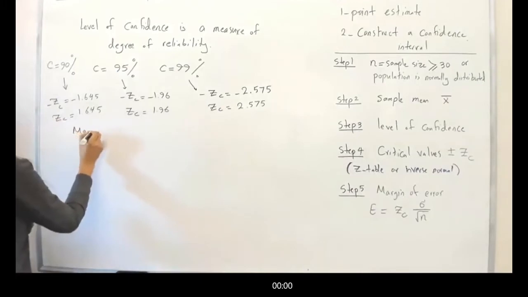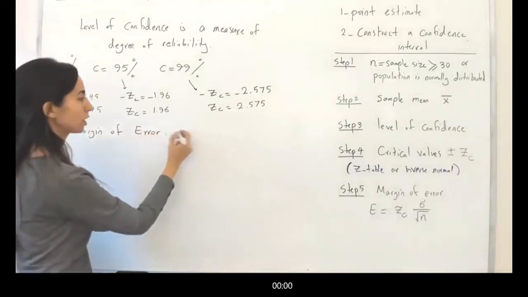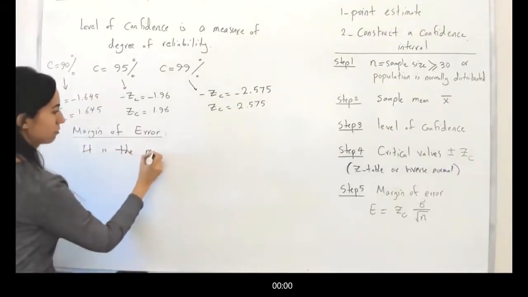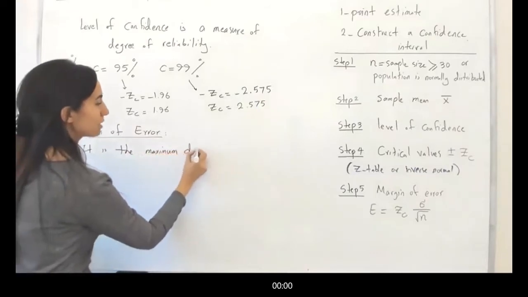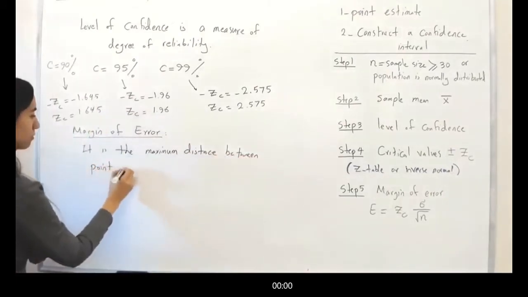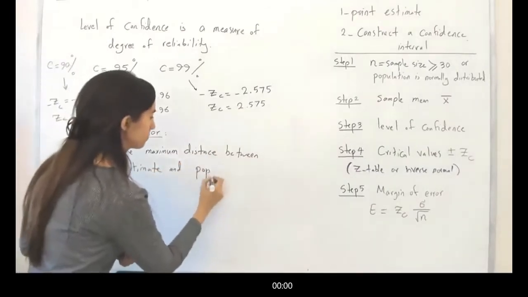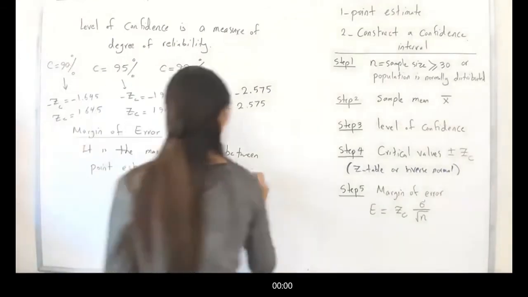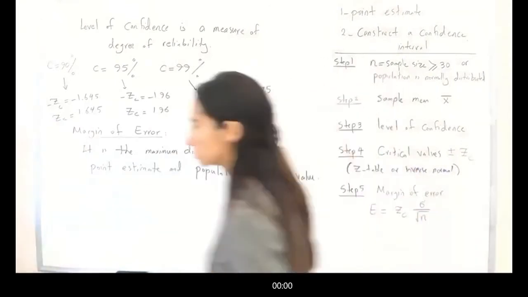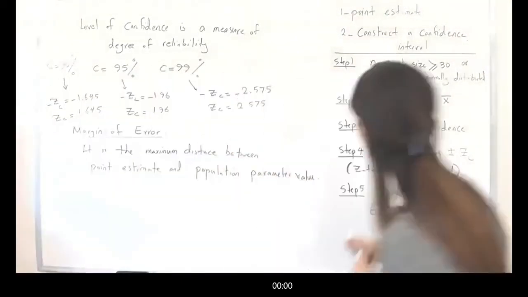So margin of error is the possible maximum distance between the point estimate and the population parameter value.